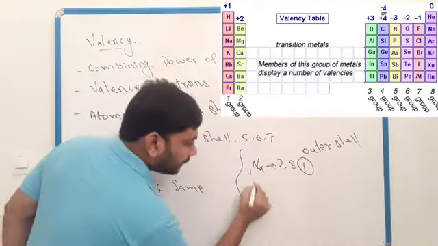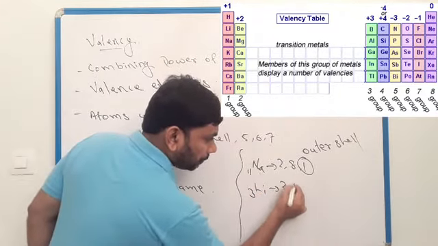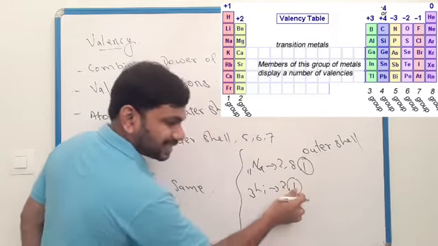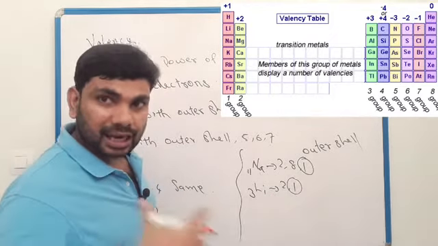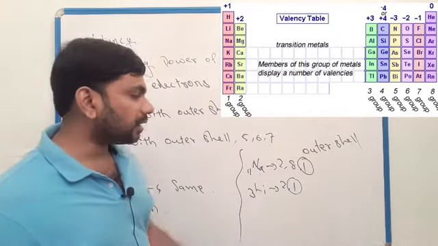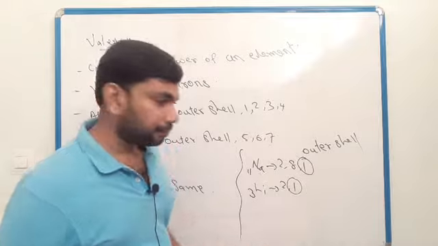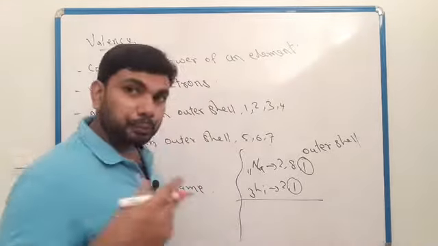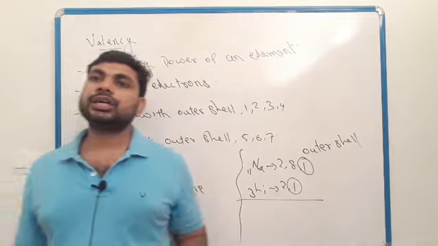When you take lithium, also group 1, atomic number 3, 2, 1. This is the last shell, the outer shell. Outer shell means last shell. Outer shell electron means valence electron, 1. So these are valence electrons. Clear?